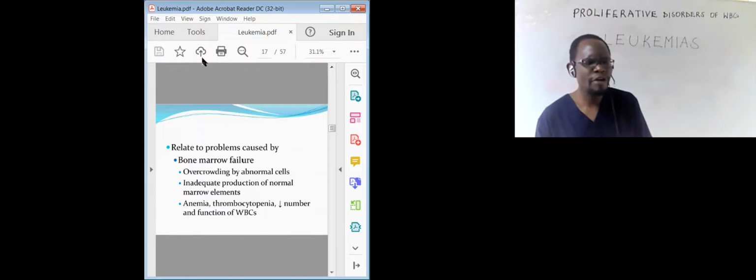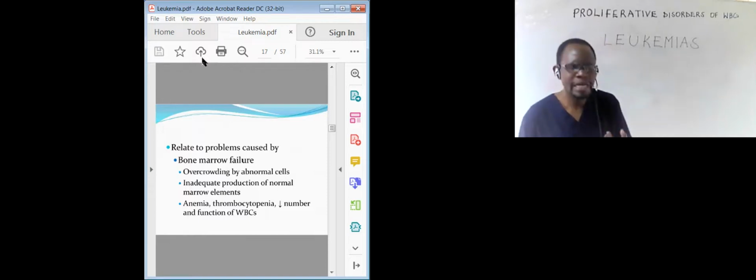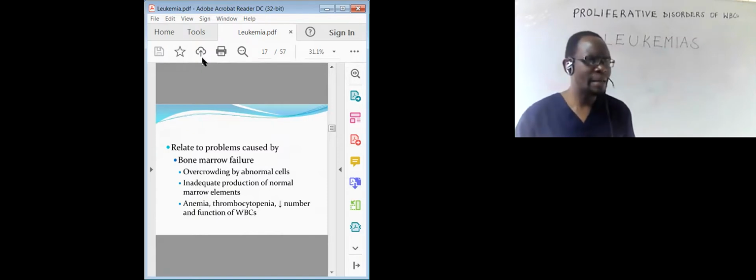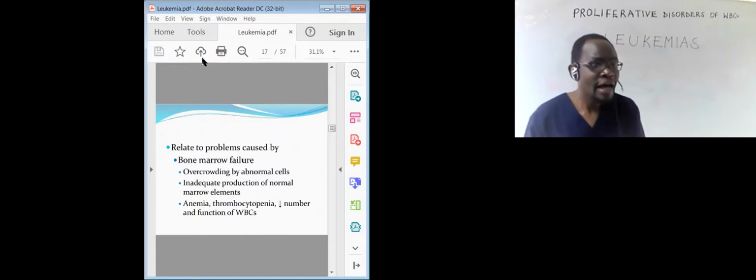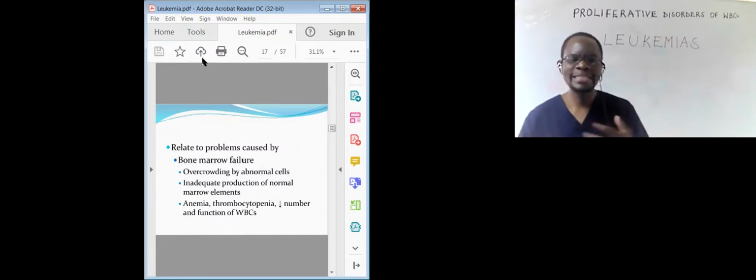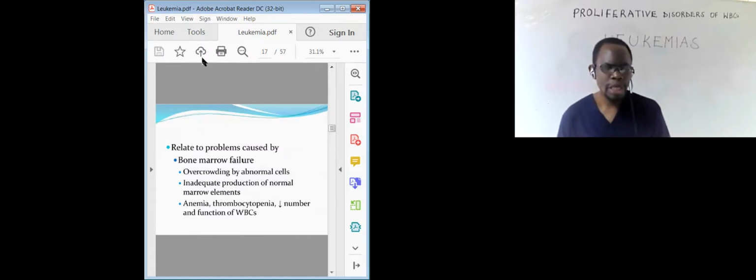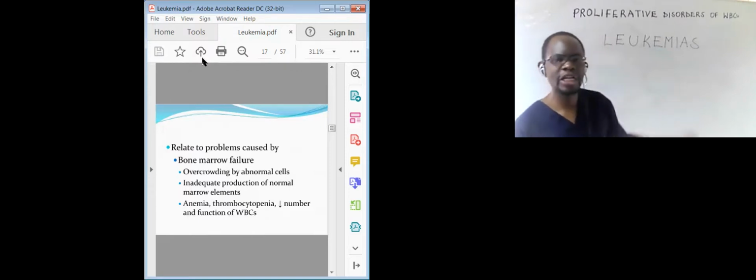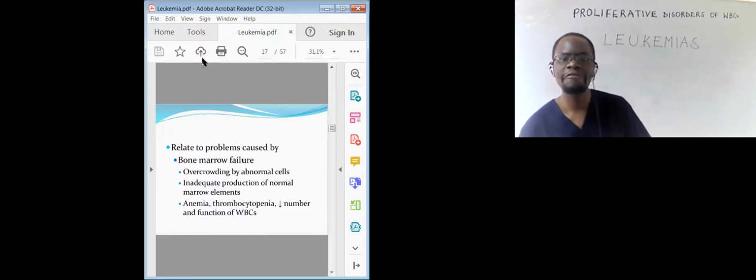So bone marrow failure as a result of overcrowding by abnormal cells, inadequate production of normal bone marrow elements, and then anemia, thrombocytopenia, and a decrease in the function of white blood cells. So why do we have anemia? Because even the production of red blood cells will be affected. Why do we have thrombocytopenia?